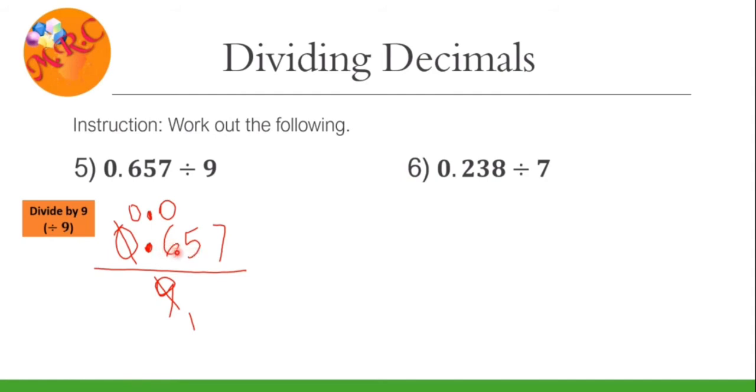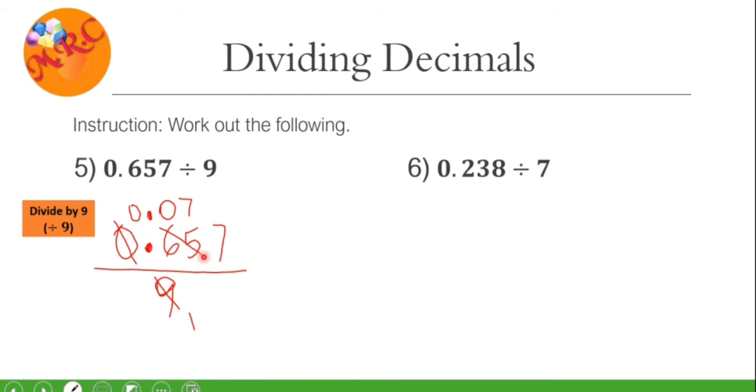So since I didn't get any 9 out of 6, let's see if I can get a 9 out of 6 and 5, right? Which is 65. So 9 into 65, that goes 7 times, because 7 nines is 63. So that goes 7 times, right? Do we have any remainder? 7 nines is 63. Then we have a remainder of 2.